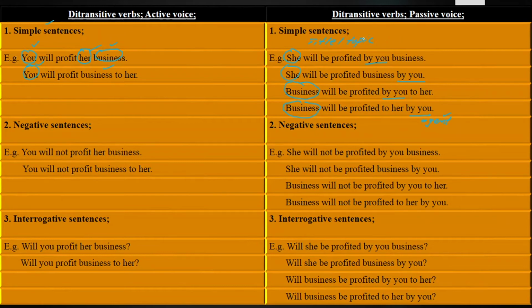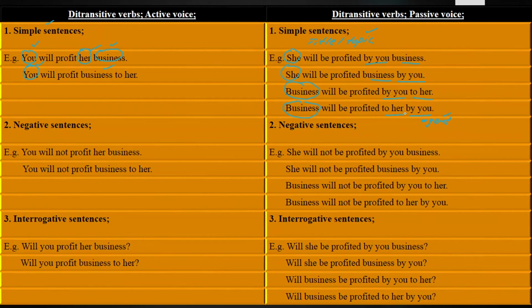Title or topic subject is what we are talking about: a person, place or thing in a sentence which we are talking about. So this should be in your mind, that it will be called the title subject, not the doer of an action. So first you bring the indirect object, so by you comes at the end, business at the end. Business at the beginning, by you at the end. And if you bring the direct object at the beginning, then by you comes at the end, to her at the end, to her at the beginning, by you at the end.